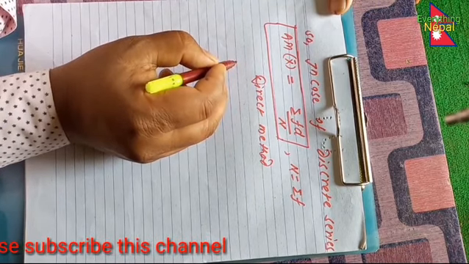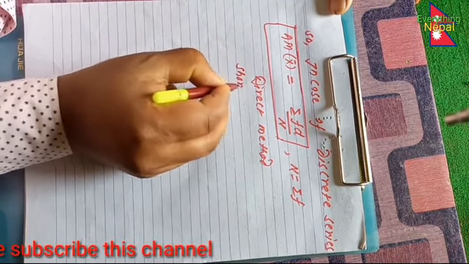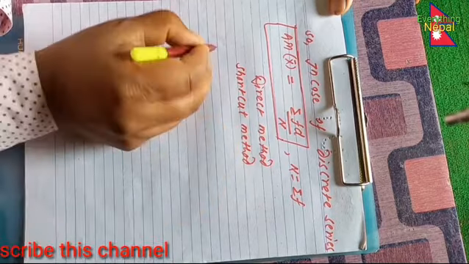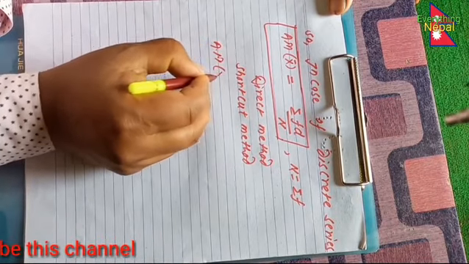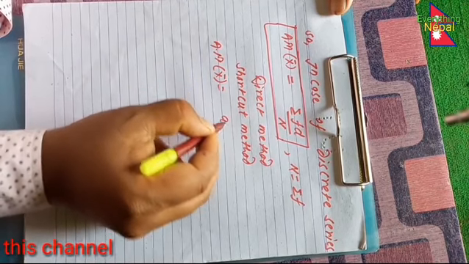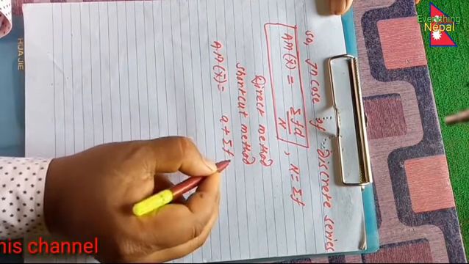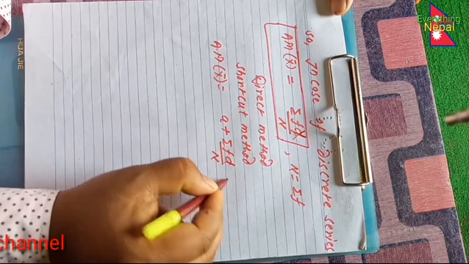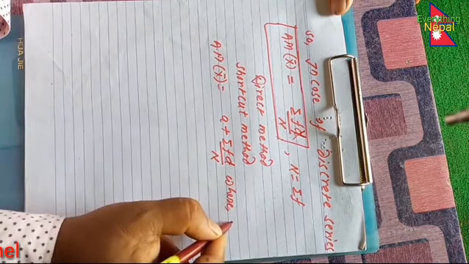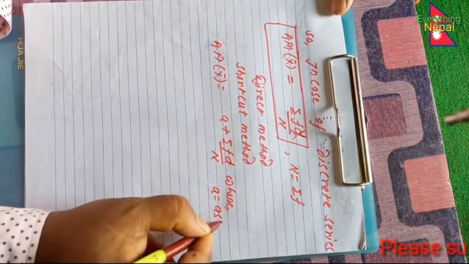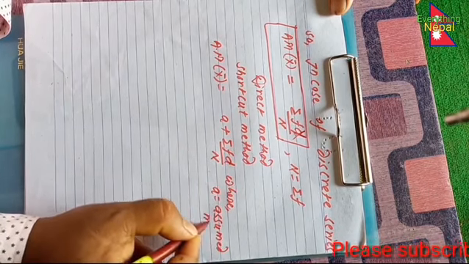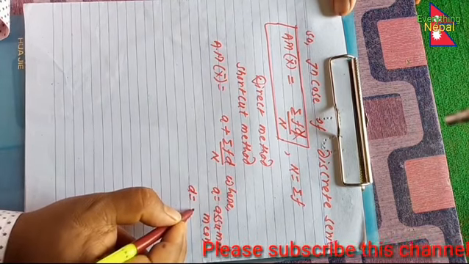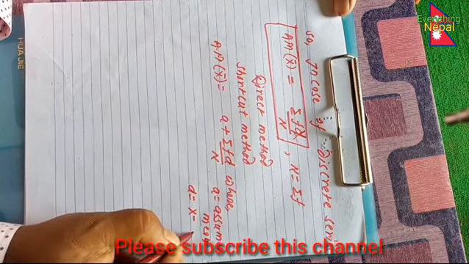The formula becomes: arithmetic mean, denoted by x bar, is given as a plus summation fd upon N, where a is the assumed mean and d is the difference of x and the assumed mean.